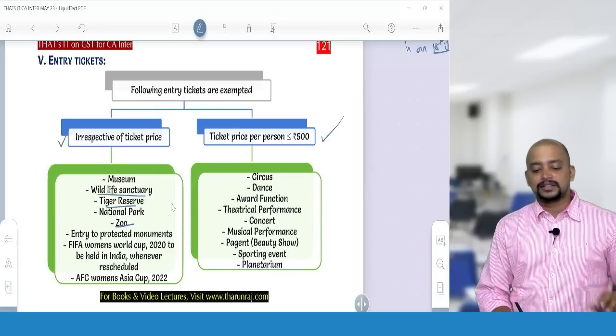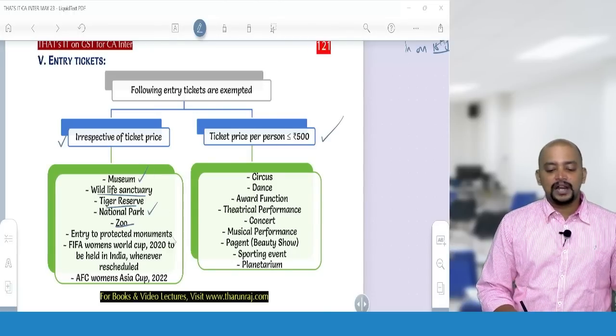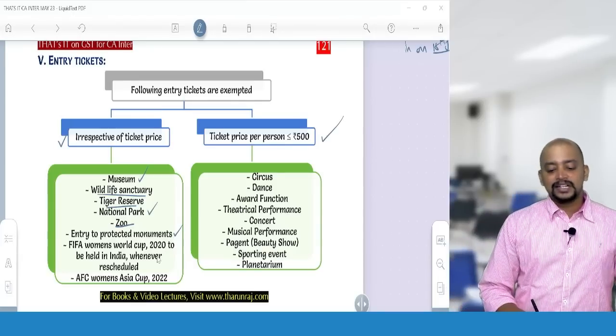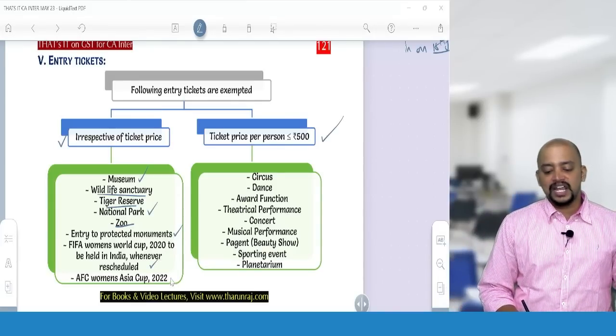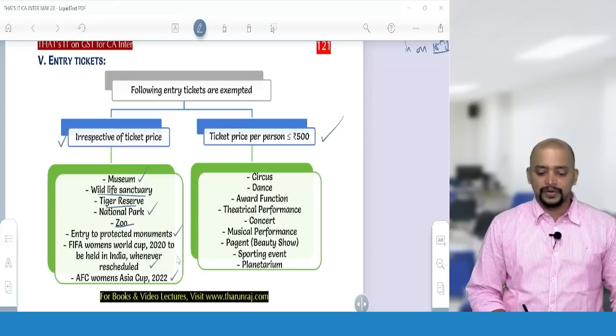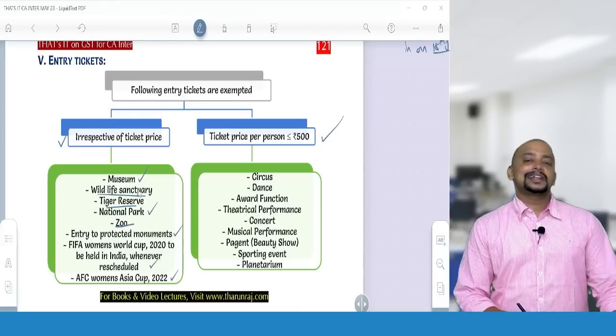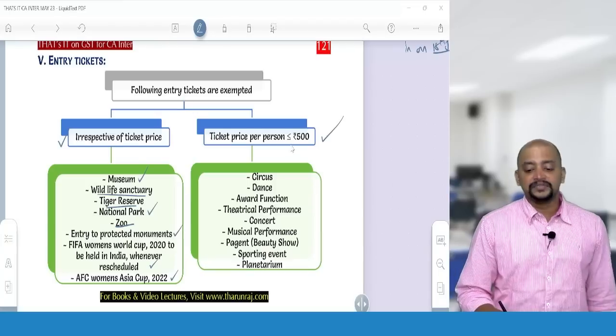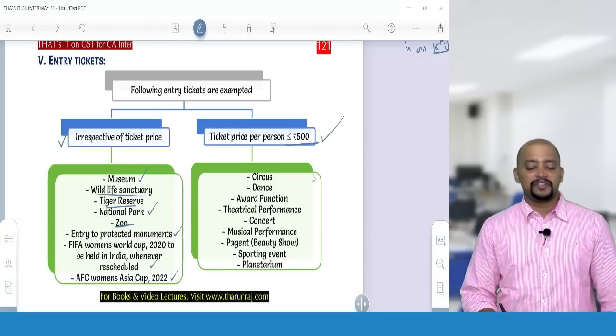Then 3 places: museum, national park and protected monuments. So total 6. Then 2 sporting events, that is FIFA Women's World Cup 2020 and AFC Women's Asia Cup 2022. So these 8 entry tickets are exempted irrespective of the ticket price, whereas 9 entry tickets are exempted if the ticket price per person does not exceed 500 rupees.